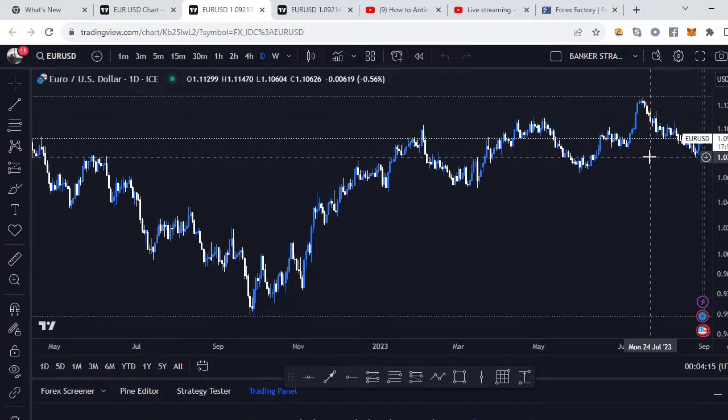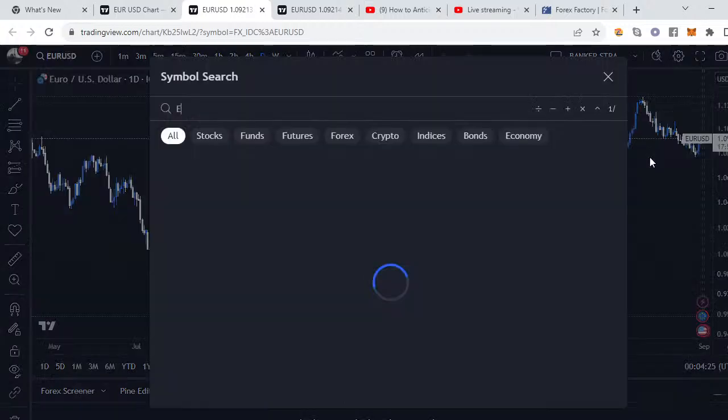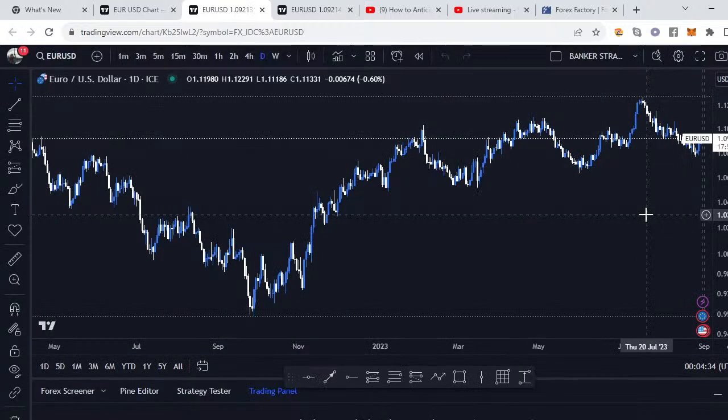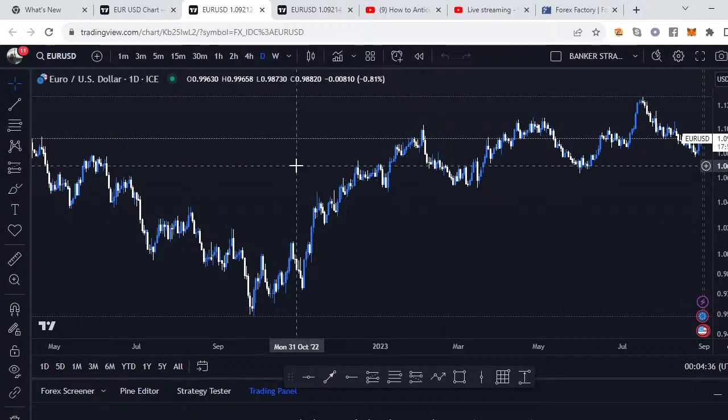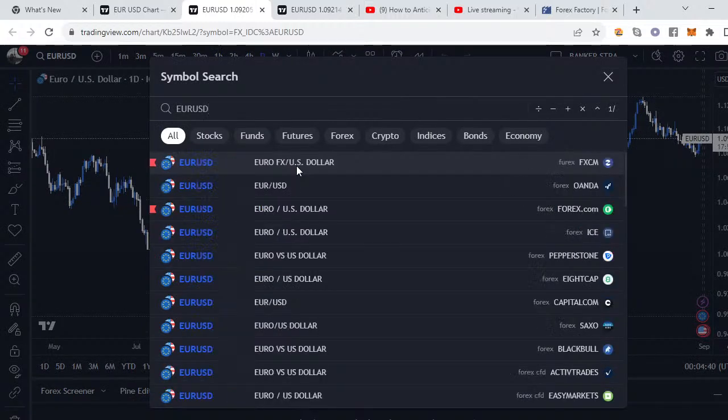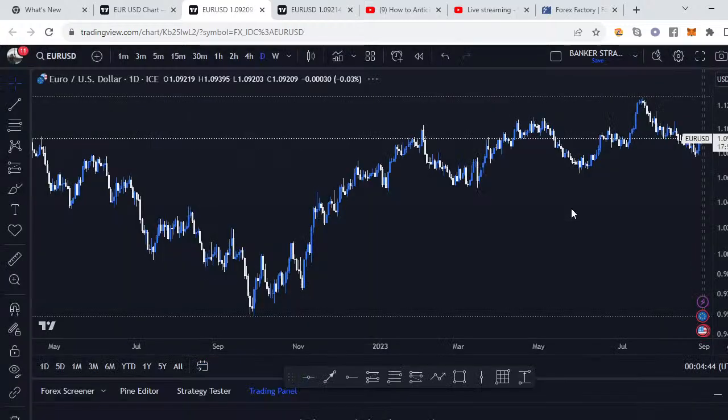Actually, let me just start off by saying it like this. Every chart that I use, because they have different brokers with different charts on here, the charts that I use are always the Forex.com. So if you see a chart pop up, just type in EURUSD and click the Forex.com one.